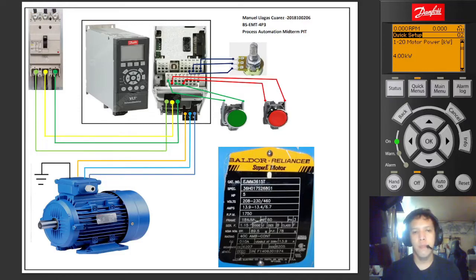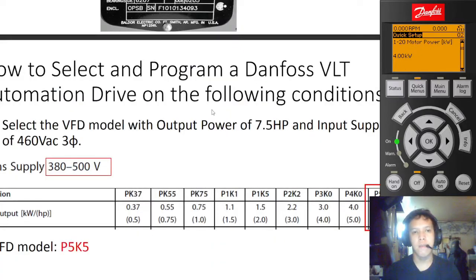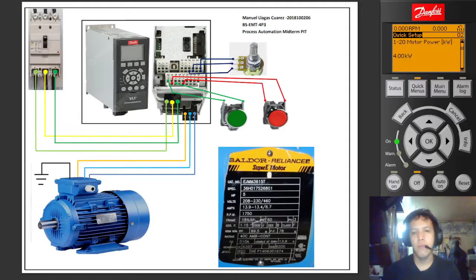We have a table that we can use for that. Referring to the table, a 5 horsepower motor is 4 kilowatts. I see that it is already 4 kilowatts, so we're just going to leave it as it is.